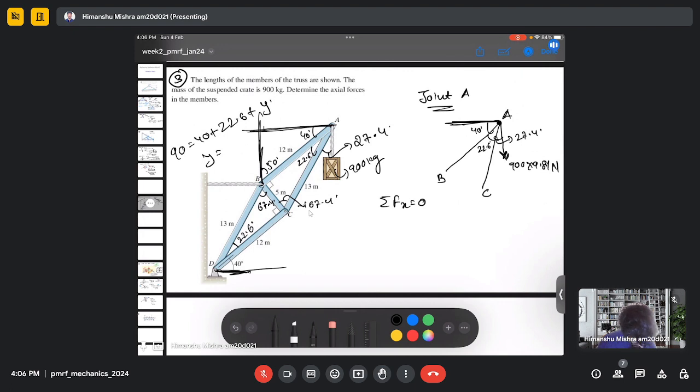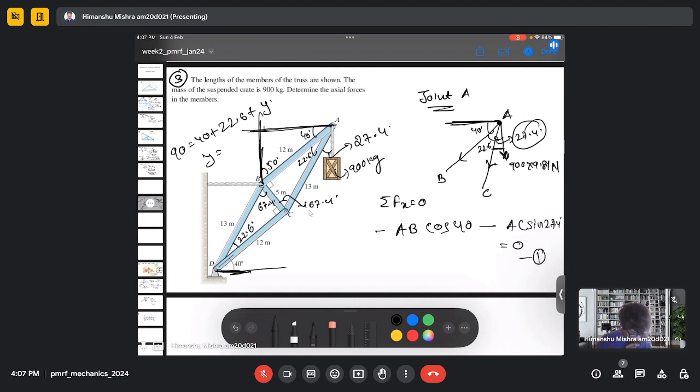My AB will be, so the direction of force is given here, AB cos 40 minus AC, and I can take the component of AC using this angle 27.4, so it will be AC sine 27.4 equal to 0.